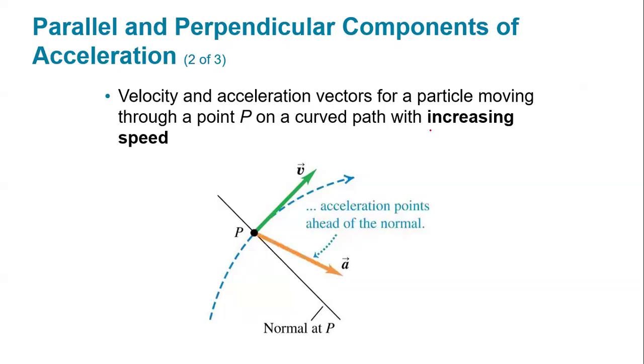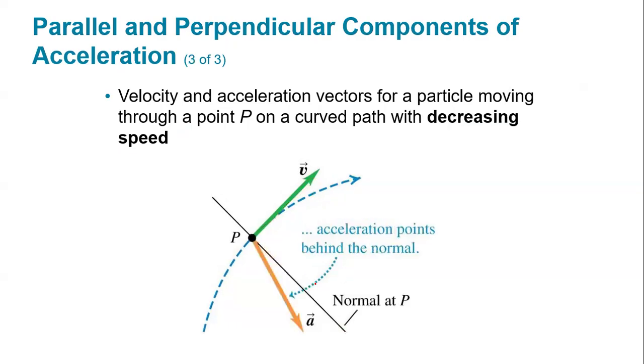But if you increase your speed, what will happen to your acceleration? It tilts forward. So you now have an acceleration which is perpendicular to V, and you have a component which is parallel to V. So you have a perpendicular and parallel component of your acceleration. If you decrease your speed, your acceleration will tilt backward.